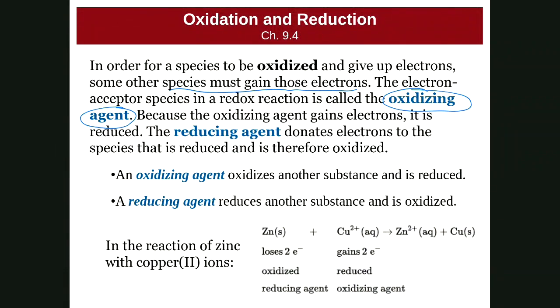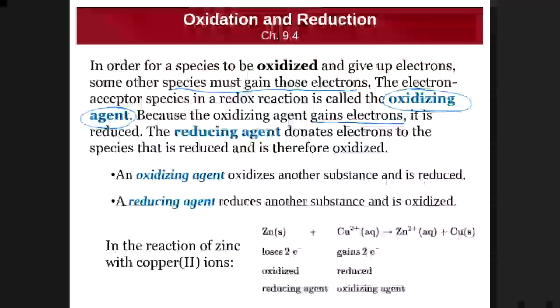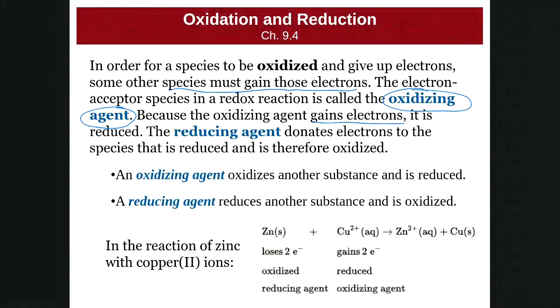And because the oxidizing agent is gaining electrons, it is reduced. So oxidizing agents are reduced, and reducing agents are oxidized. The reducing agent donates the electrons instead of taking the electrons. So it gives away its electrons, which means that it is oxidized. It lost its electrons. So your oxidizing agent is reduced in the reaction, and your reducing agent is oxidized in the reaction.